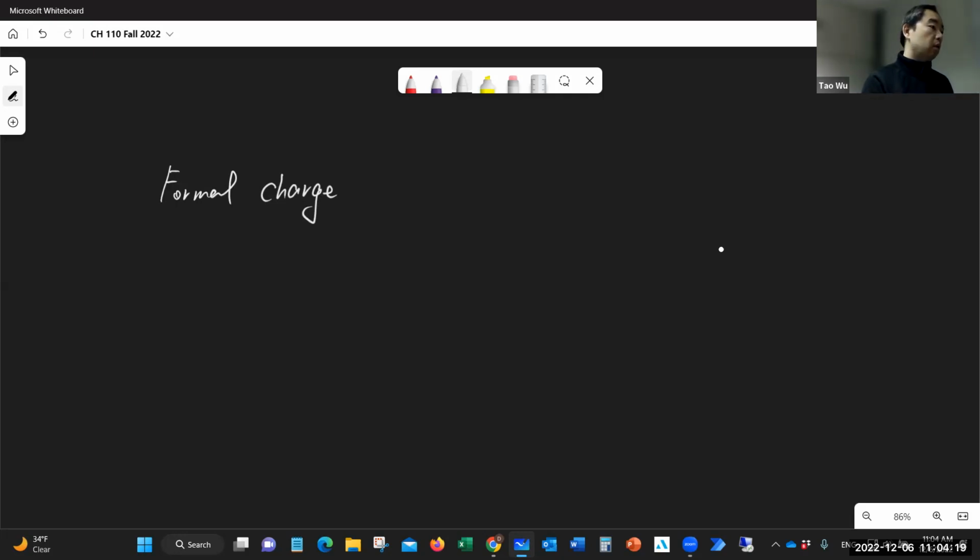If we base on the rule for the Lewis structure, the CO2 can be written like this, or they can write the Lewis structure like this. But which one is the better Lewis structure, or which one is the correct Lewis structure? We don't know if we just base on the octet rule or duet rule.